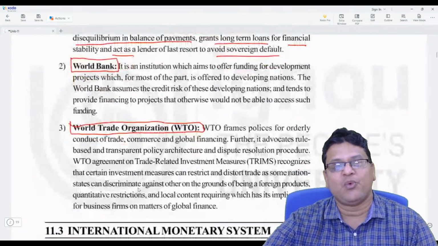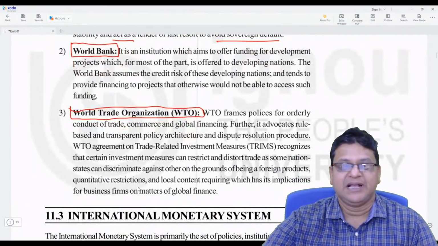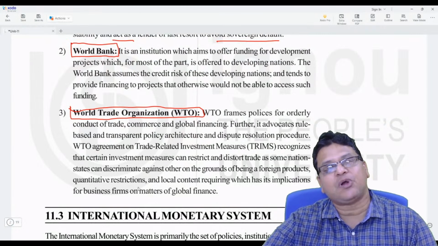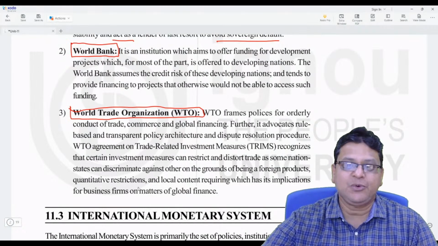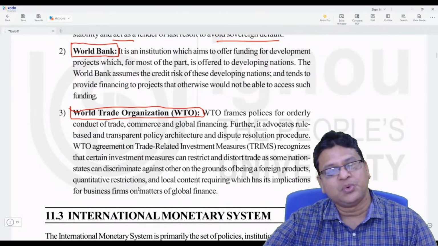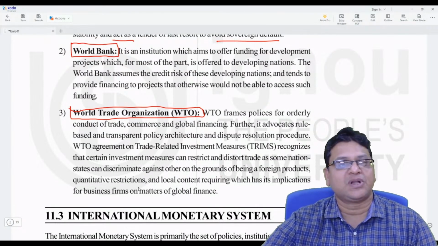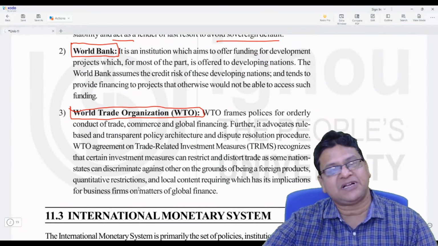Next one is World Bank. What is World Bank? IMF and World Bank are two institutions which were created during the Bretton Woods Conference. After World War II, there was a conference at New Hampshire in the Hotel Bretton Woods, that is known as Bretton Woods Conference.